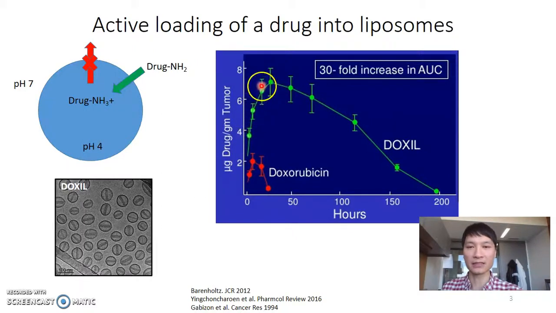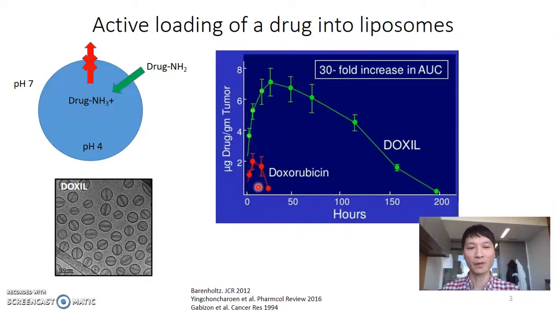But with the Doxil formulation, with the active loading technology, the curve is much higher, and also the area under the curve, AUC, is increased by 30-fold compared to the free drug formulation. So this shows you how powerful this active loading technology is to improve drug delivery.